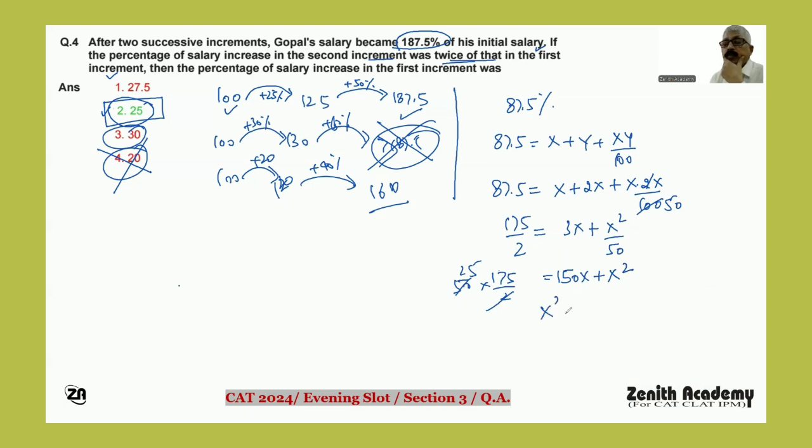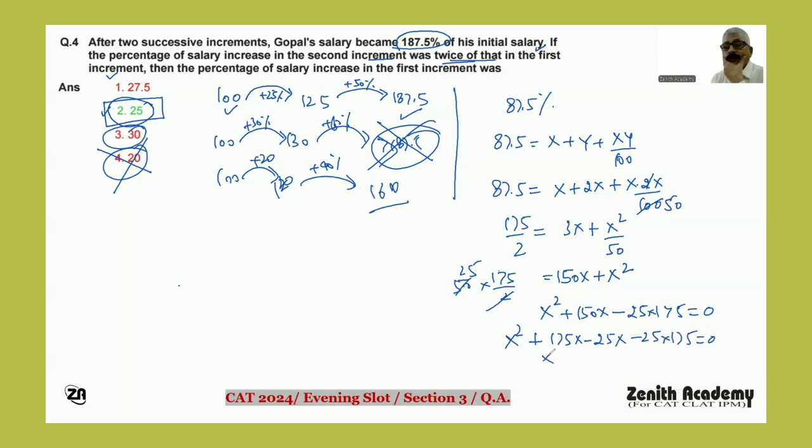Now solve this equation. x square plus 175x minus 25x minus 25 into 175.